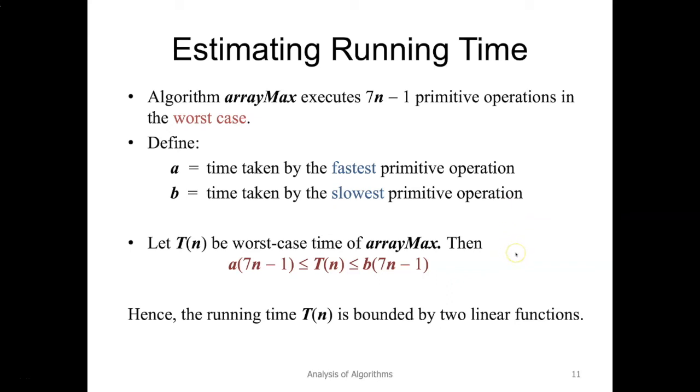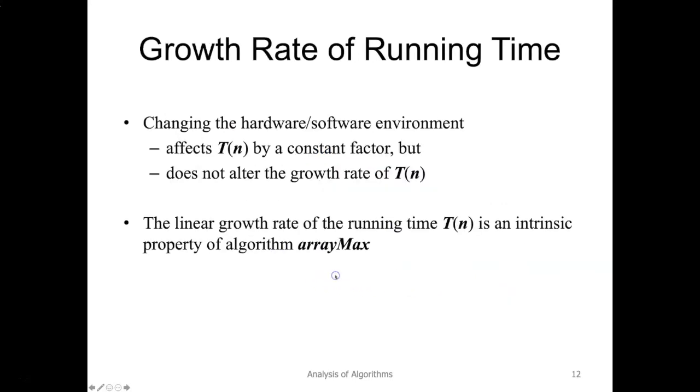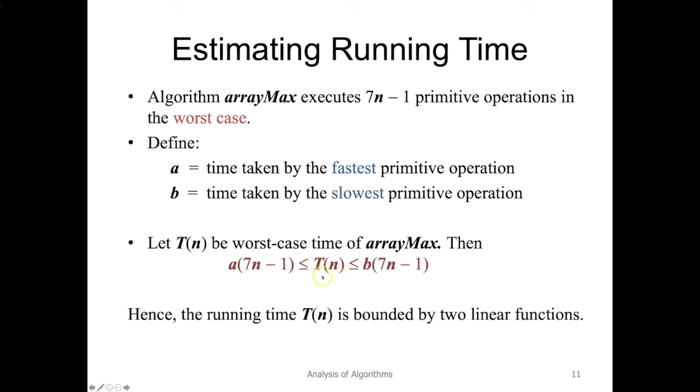But no matter what the fastest or the slowest primitive operation is, we know that T of n, the worst case running time of array max, is bounded by a function of 7n minus 1. So 7n minus 1 was how many primitive operations it required in the worst case. And if all of those primitive operations were the slowest primitive operation, we know that the worst case running time can't be any more than whatever the slowest primitive operation was times however many primitive operations we had.